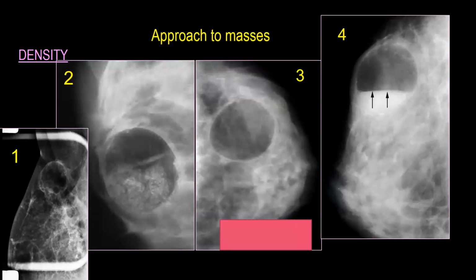Okay, here you have 4 different cases. What do you suggest? Also, if you have seen this, what do you suggest? Oil cyst. Fluid level. Fat fluid level.